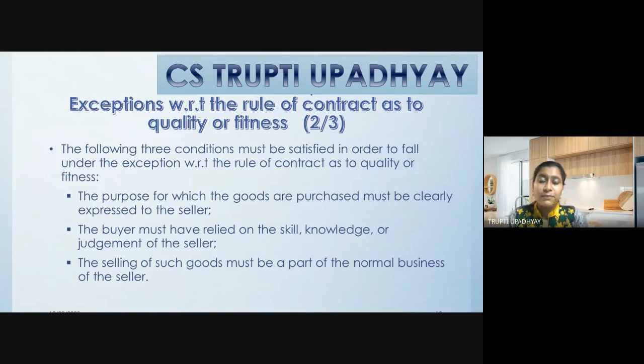The buyer must have relied on the seller's knowledge, skill, and judgment. So the buyer is trusting the seller and taking the opinion of the seller before he buys. Then obviously the seller should give the best opinion, and the best knowledge should be shared.